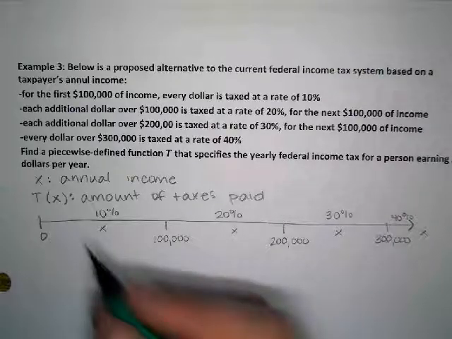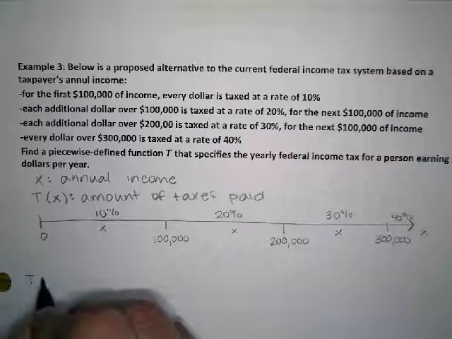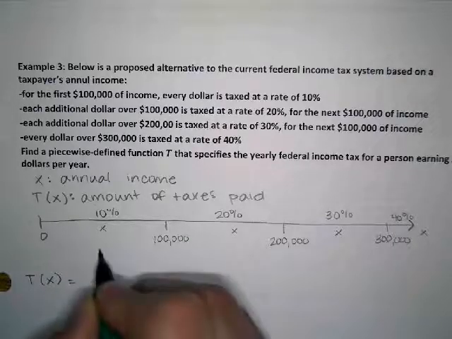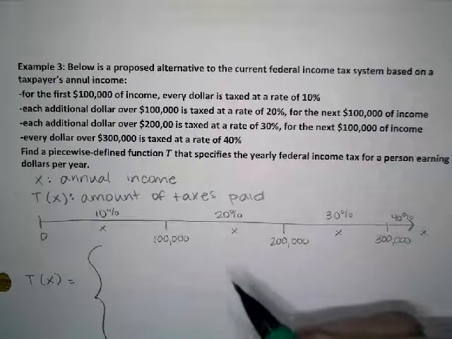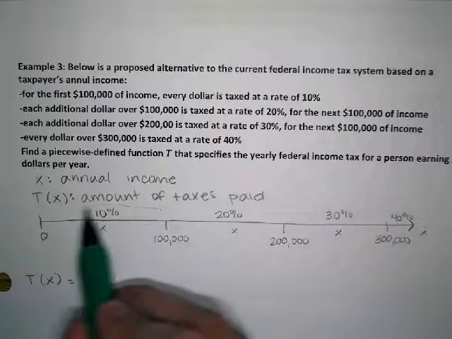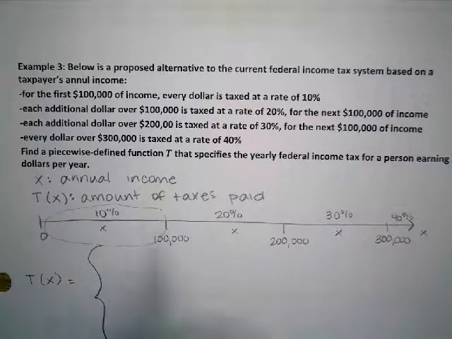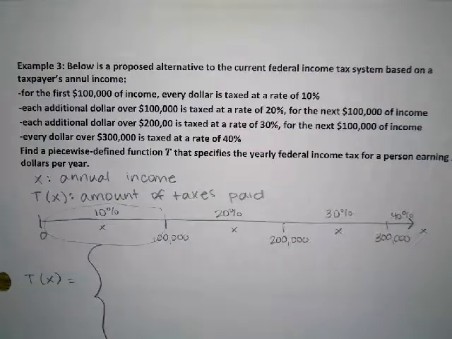All right, so I'm going to say T of X equals, and I'm going to give myself space to write 4 pieces. Okay, so for the first piece, this piece right here, how do I write 10% of my income to figure out my taxes? How do I say 10% of my income? 0.1. And then how do I show that I'm multiplying that by my income to figure out my taxes?